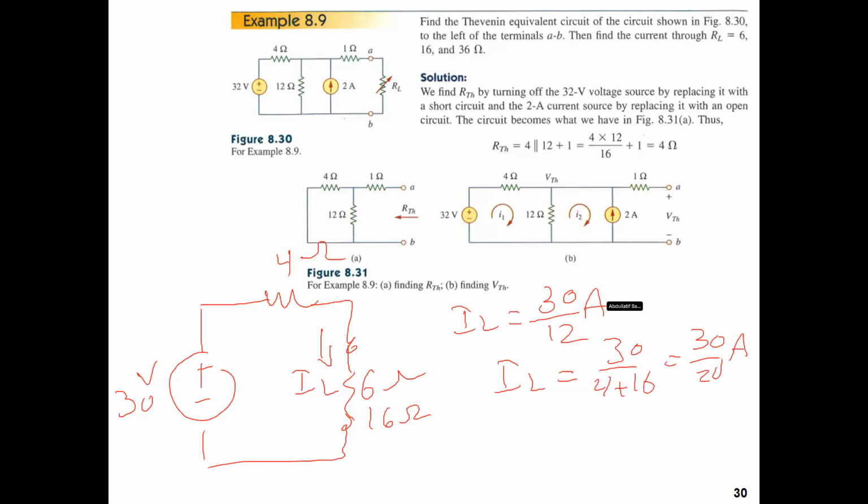Same thing when RL is equal to 36, IL will be 30 over 4 plus 36. As we notice here, we only change the value of RL in order to determine the load current. If we are asked to find the voltage across RL, then it is 6 times IL, or 16 times the new IL, and so on.